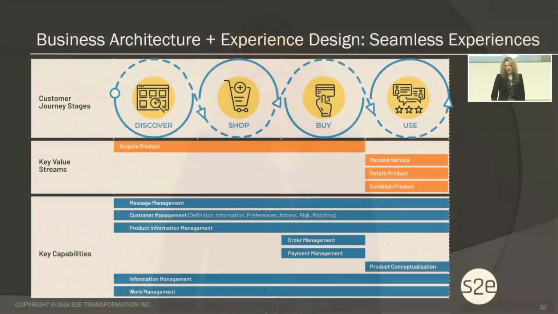And then there's often a number of value streams that are tied to use. In this case, something like return product or even establishing product, because the customer, in this retail example, their feedback will actually be a feedback mechanism into what products we should develop and how we should improve them. So that gives you an idea of the value stream alignment.